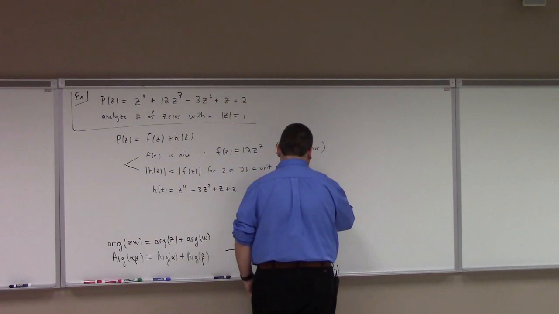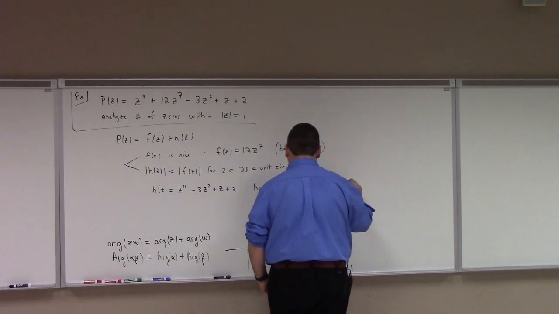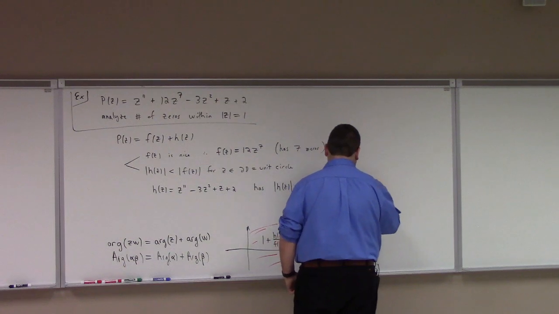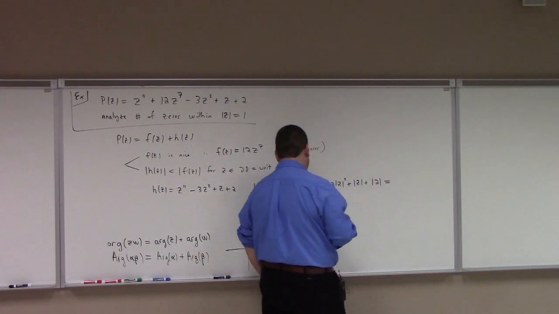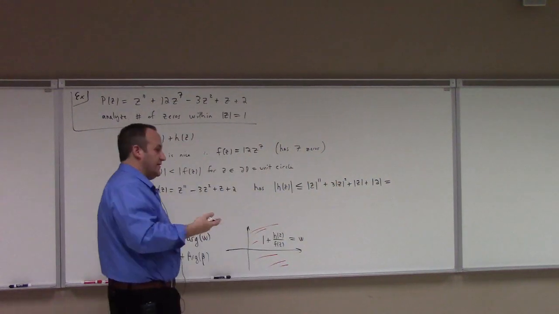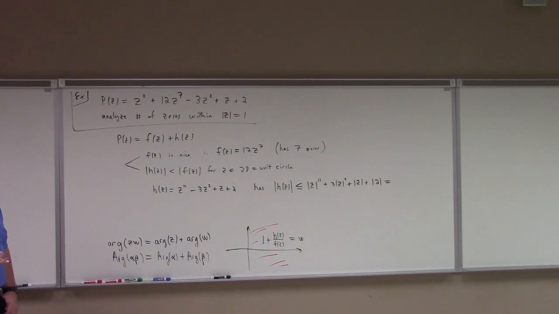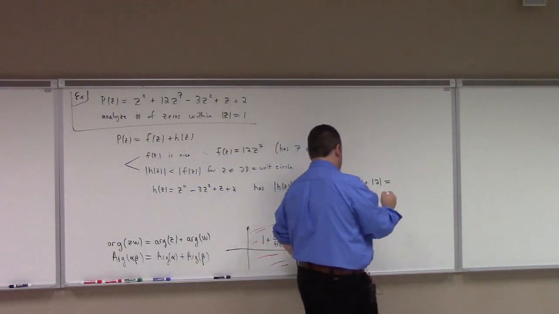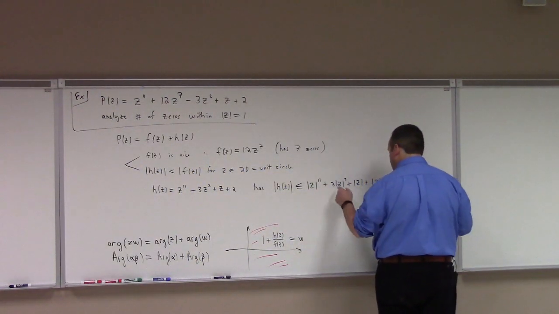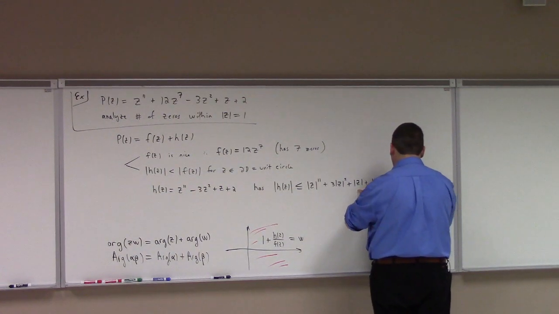Modulus of Z to the 11th plus 3 times the modulus of Z squared plus the modulus of Z plus the modulus of 2, where I'm using the triangle inequality, right? And perhaps one other property, but anyway, those are all 1. So for Z on the unit circle, we have 1 plus 3 plus 1 plus 2, which is what? 7, right?